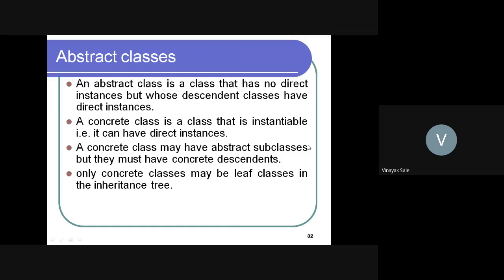So the next concept is abstract classes. An abstract class is a class that has no direct instances, but whose descendant classes have direct instances.